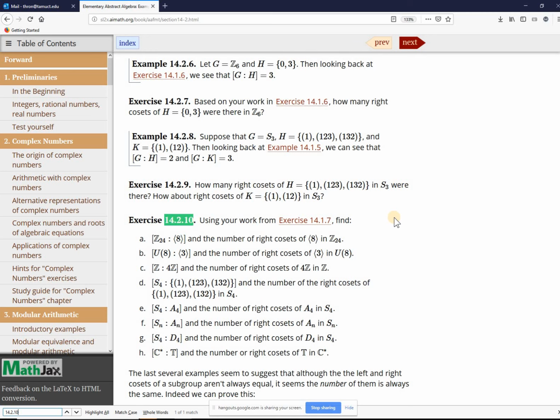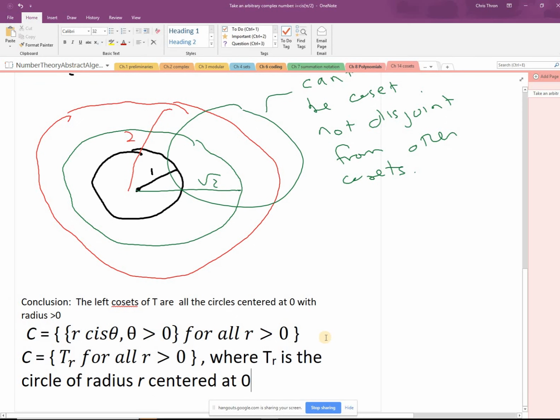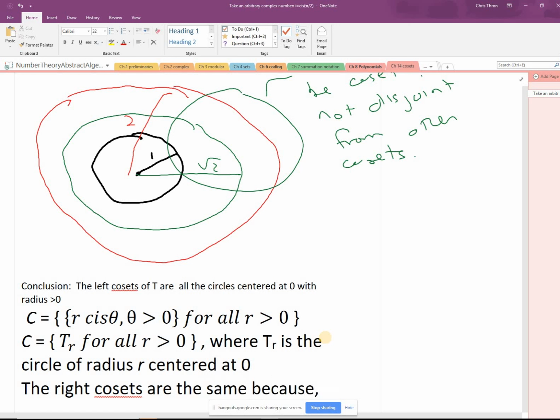All right, so we didn't answer the question though. How many? So this was the left cosets. What about right cosets? They are the same because the difference between left and right coset is that for left you multiply on the left and for right you multiply on the right.